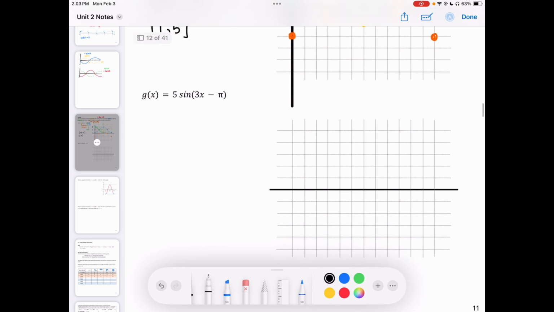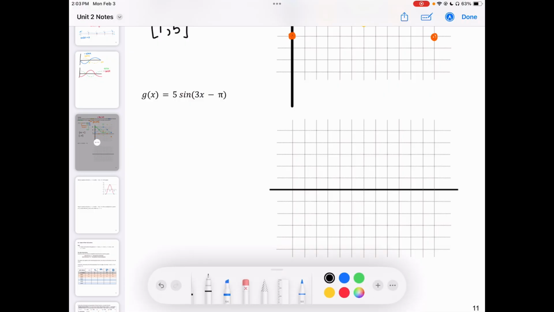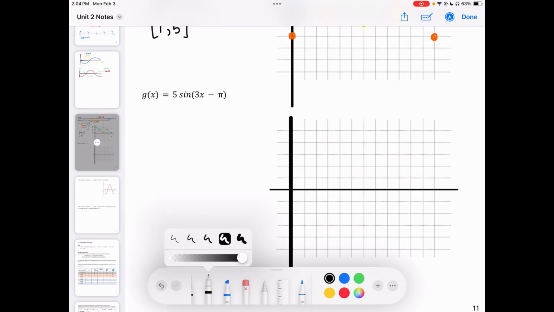All righty. Let's do the next one, 5 sine of 3x minus pi. Start out again, I suggest, by drawing the original. I'll again just use yellow.